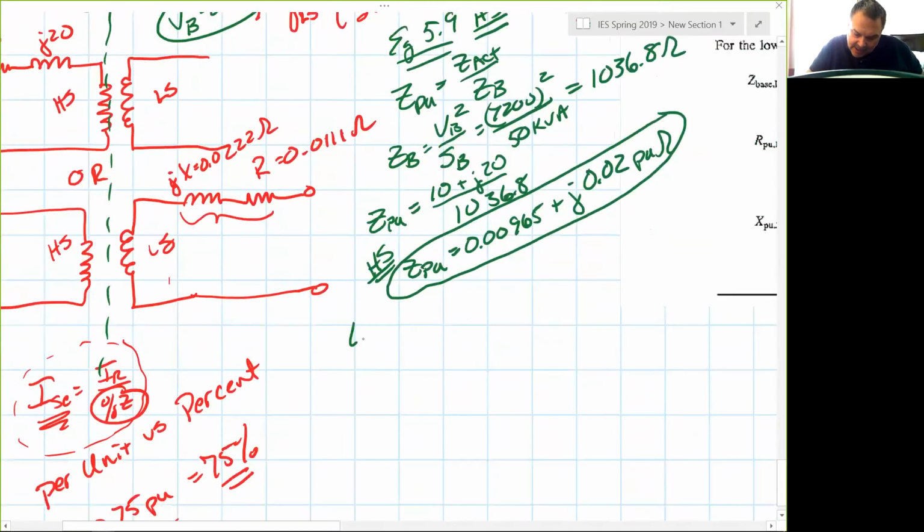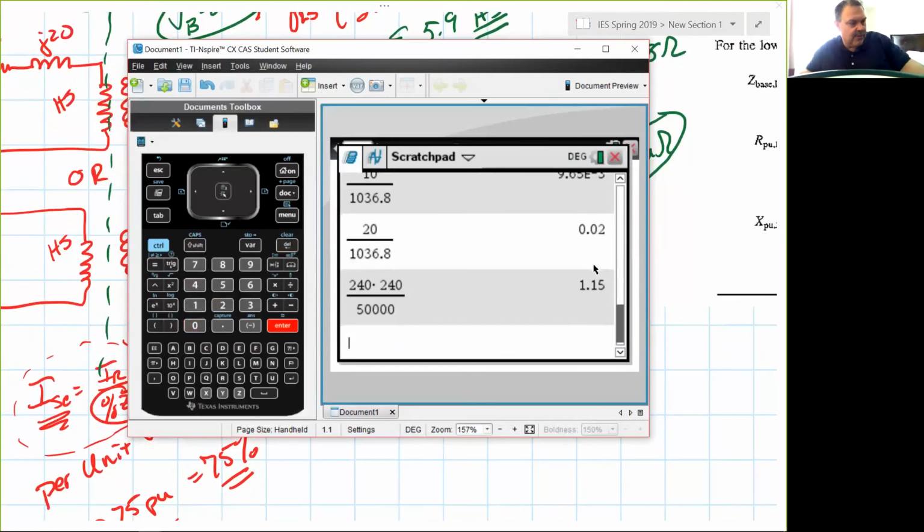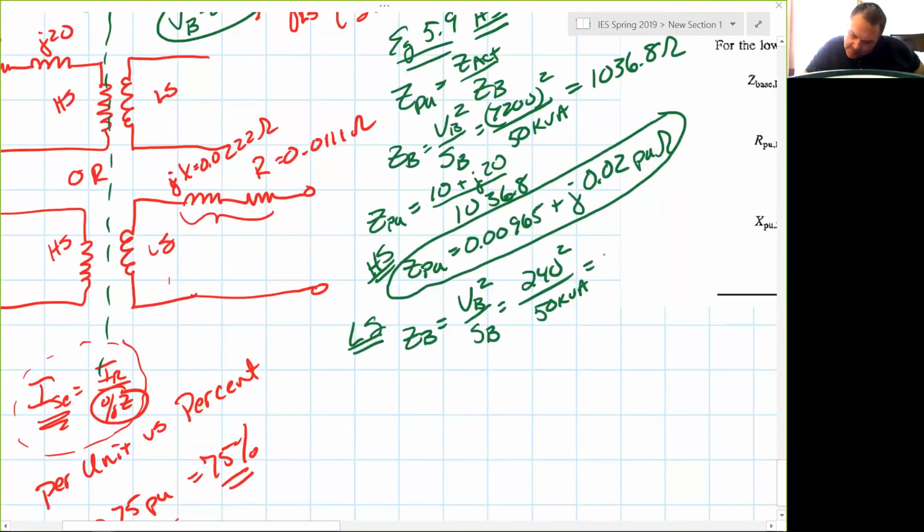Let's take a look at the low side. On the low side, Z base equals V base squared over S base, 240 squared over 50 kVA. And Z base is equal to what? 240 times 240 divided by 50,000, 1.15 ohms.